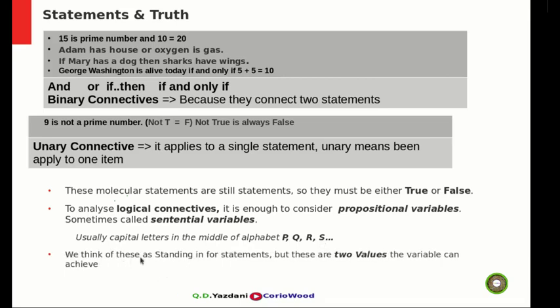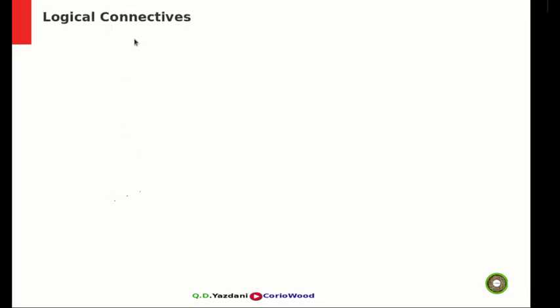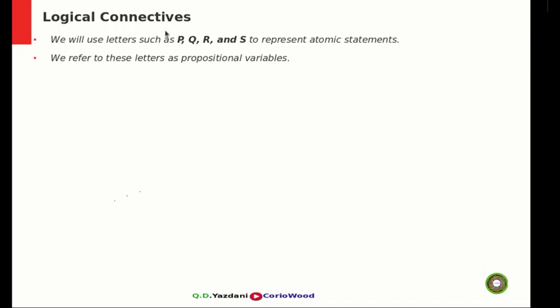We think of these as standing in for statements, and the variable can achieve two values, true or false. In logical connectives, we use letters such as P, Q, R, and S to represent atomic statements. We refer to these letters as propositional variables.